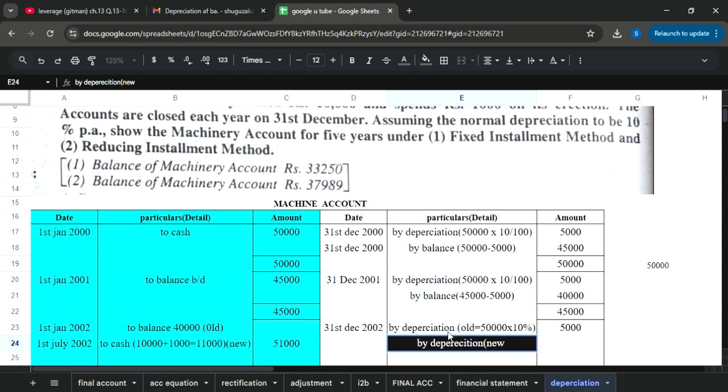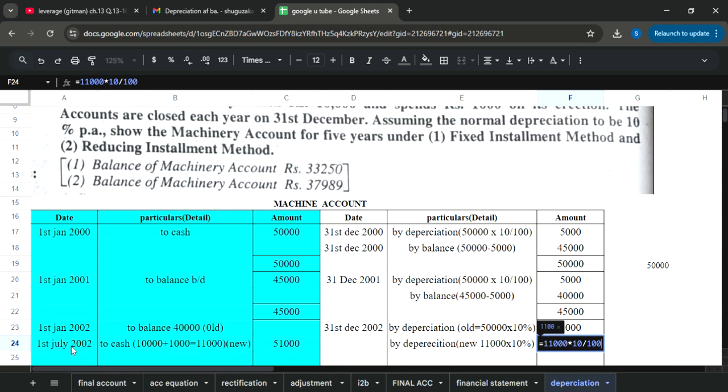Please note your new asset is worth 11,000 and you will again take 10% depreciation for your new asset. And here once again I am letting you calculate: 11,000 was your asset, then you will take 10%. And one more thing, please note this is your 1st July.